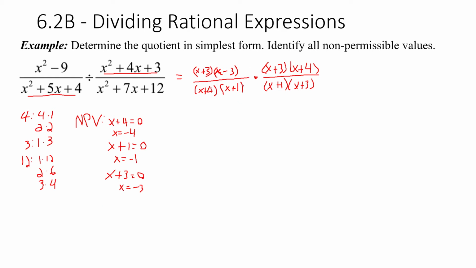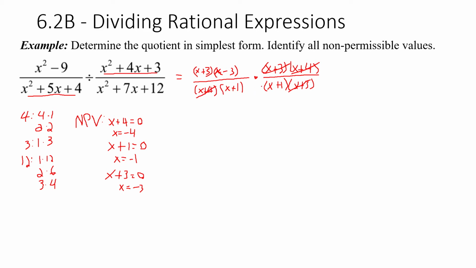Now let's have a look. So these two are going to combine together, multiplying straight across. So we can look for anything in the numerators and see if it's shared with anything in the denominators, and they would cancel out. So we have an x plus 3 in the top and an x plus 3 in the bottom. We have an x plus 4 in the top and an x plus 4 in the bottom.